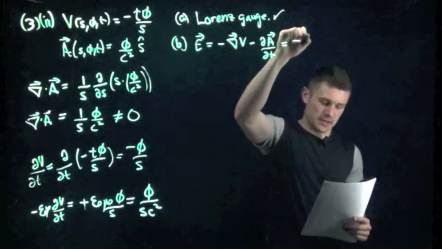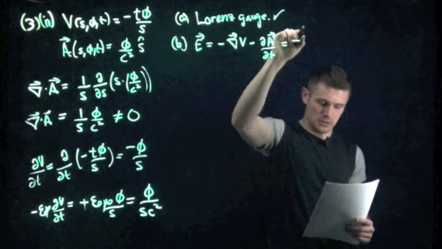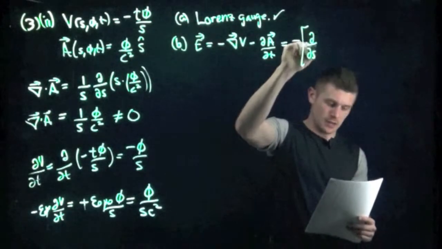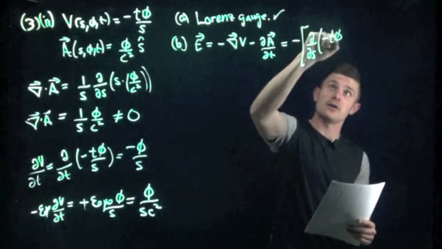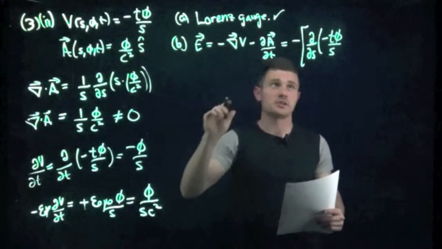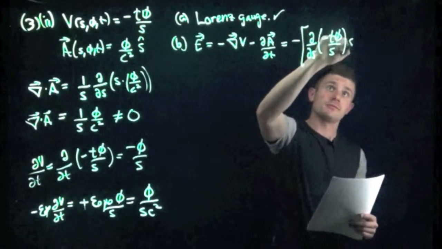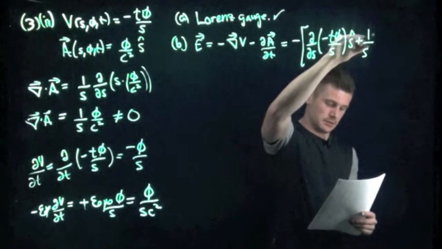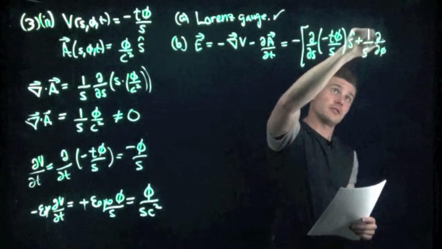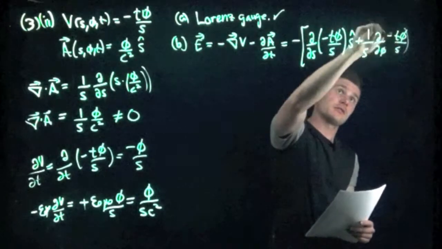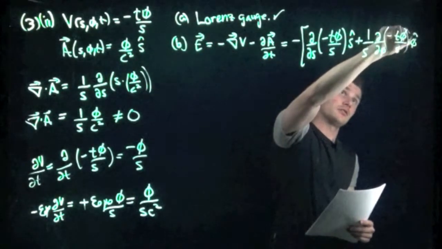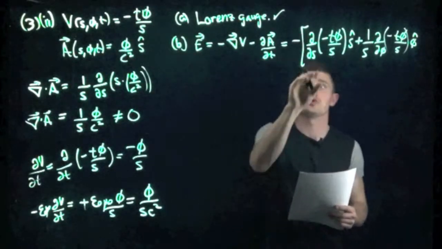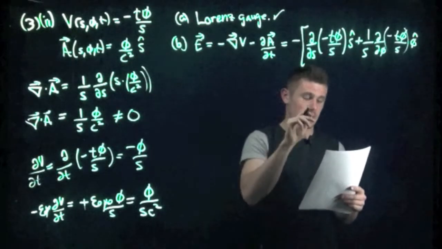And we will see this is going to be negative times d by ds of negative t phi over s, which is our scalar potential, in the s hat direction. And then that is also adding on a 1 over s d by d phi of negative t phi over s in the phi hat direction, as now our scalar potential depends on both phi and s, so we will have two terms when we take that gradient. And I'll make sure I got that right.